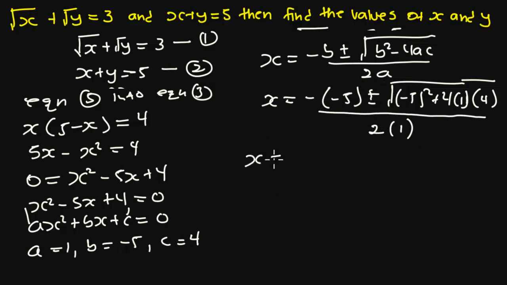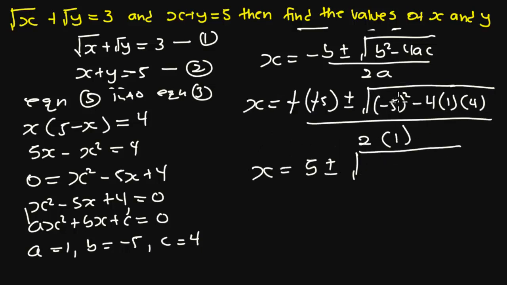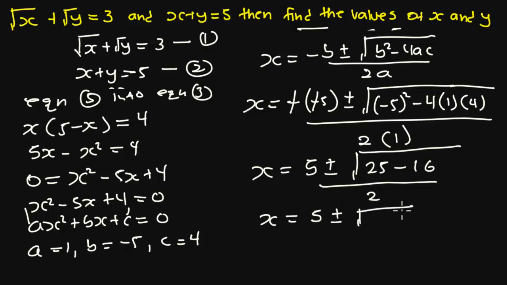So x will be equal to 5 plus or minus the square root of negative 5 squared gives 25 minus 4 times 4 is 16, all over 2. So x is equal to 5 plus or minus the square root of 9 all over 2, and x will be equal to 5 plus or minus square root of 9 gives 3, so 3 all over 2.